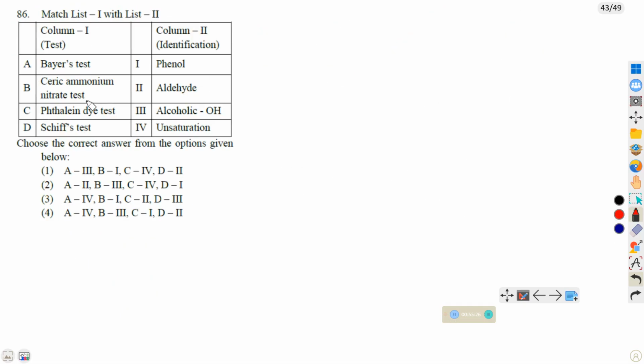Match the following. Bayer's test is also called Bayer's reagent test, and it is for unsaturation. Ceric ammonium nitrate test is for alcohols. Thalene dye test is for phenols.